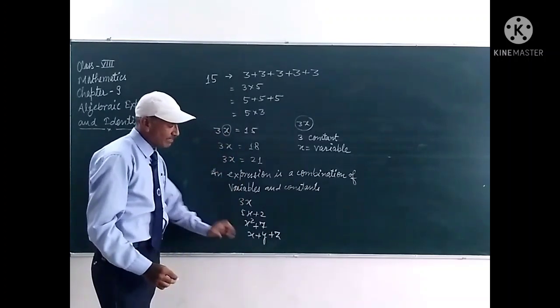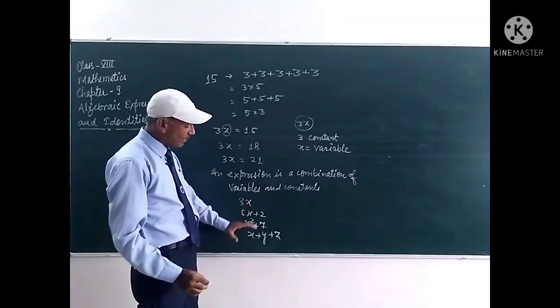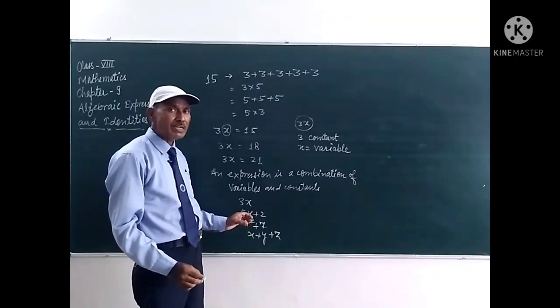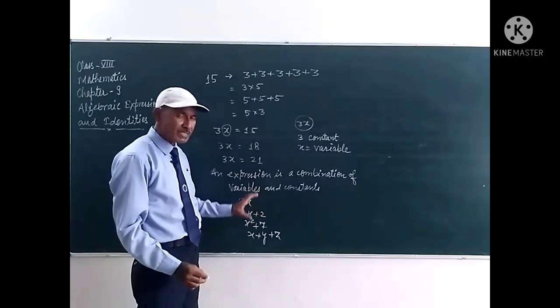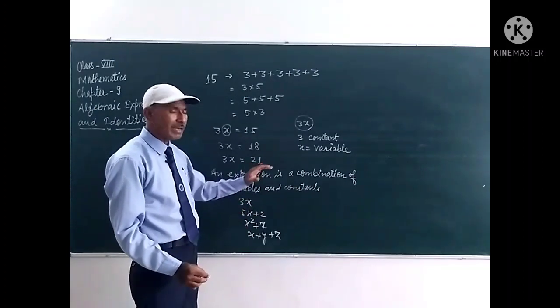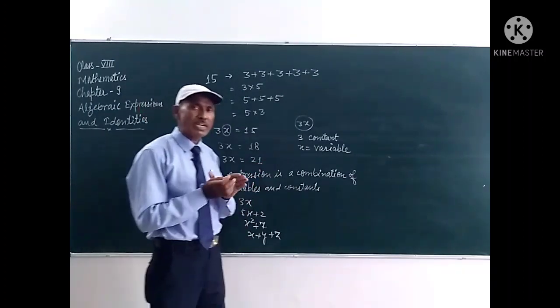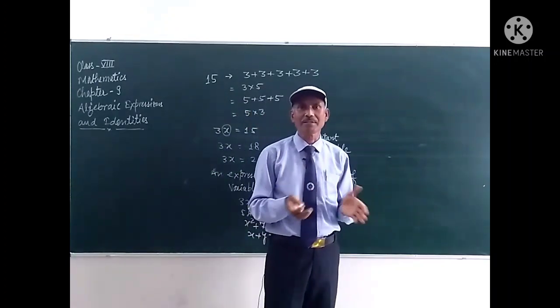These are expressions, students, and if there is a sign of equality between two expressions, then we call that an equation. So there is a difference between expression and equation, and we are discussing expressions. So an expression is the combination of variables and constants.